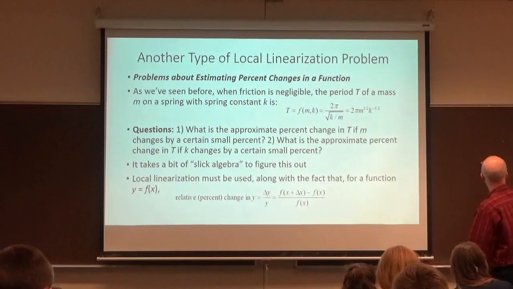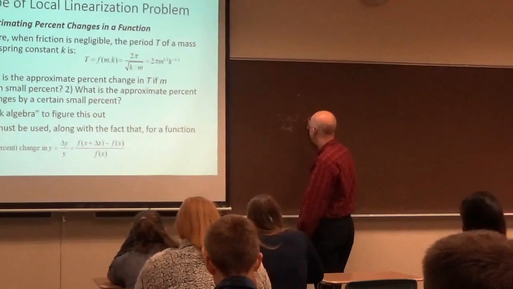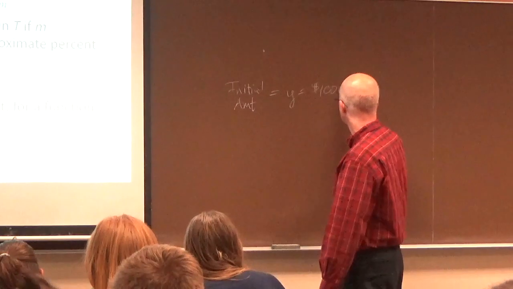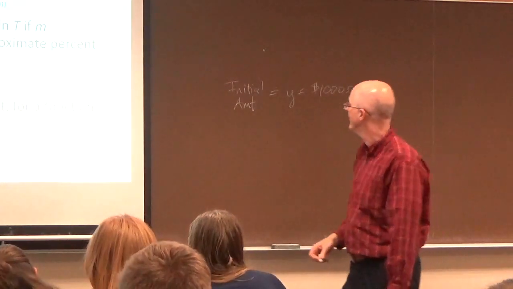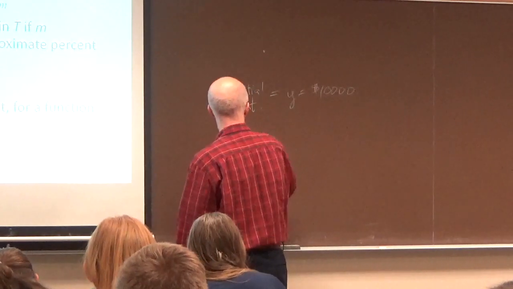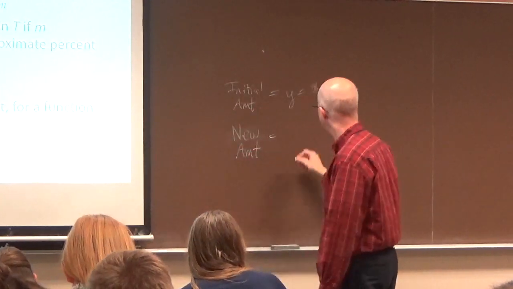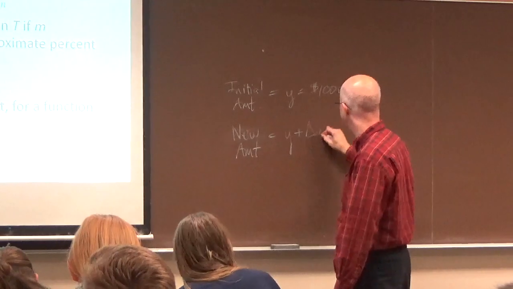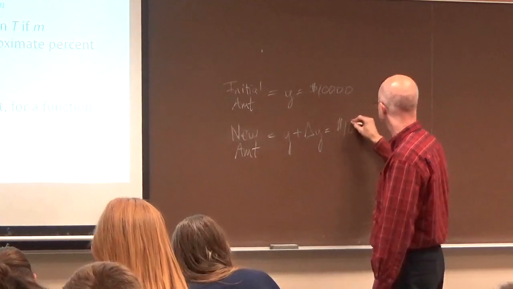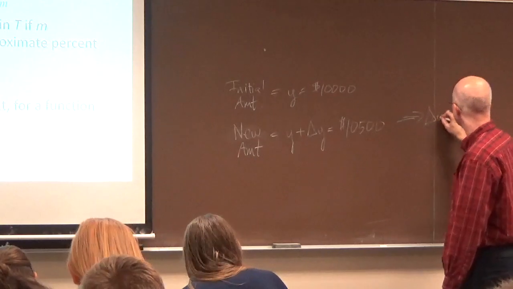Like if the initial amount of money in a bank account, let's call it y, is $10,000. And if the new amount in the bank account is the original amount plus the change in the amount, and let's say that's $10,500, that means the change in the amount is $500.